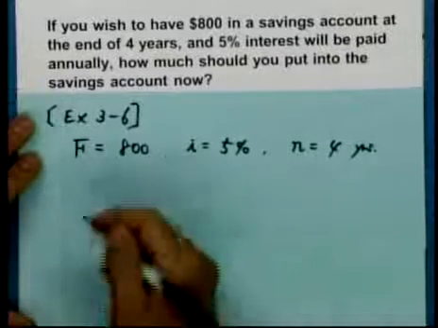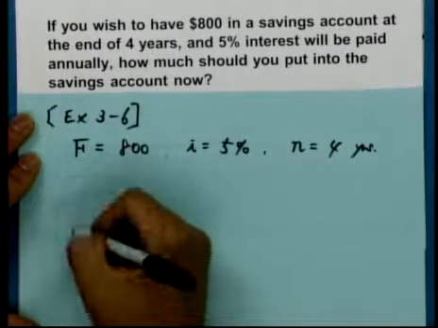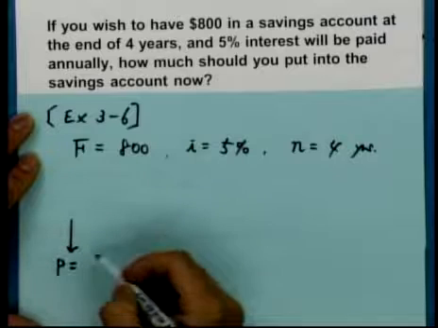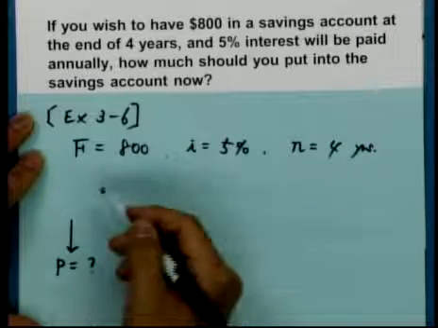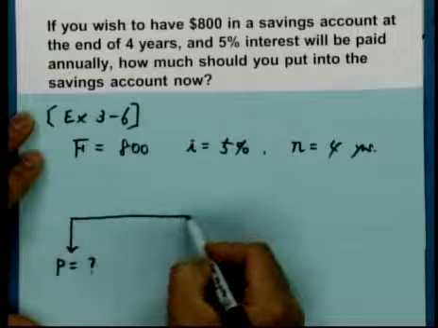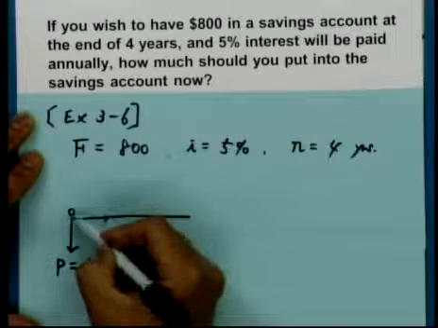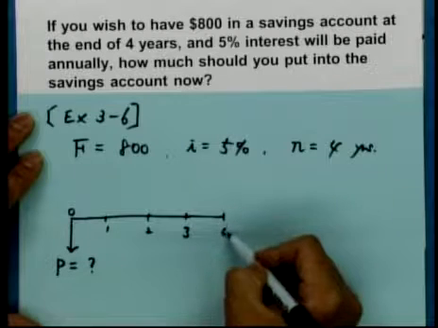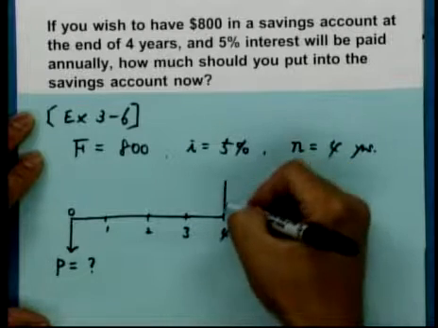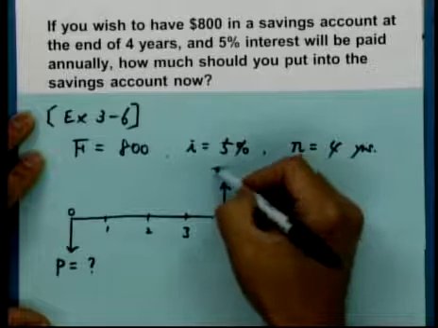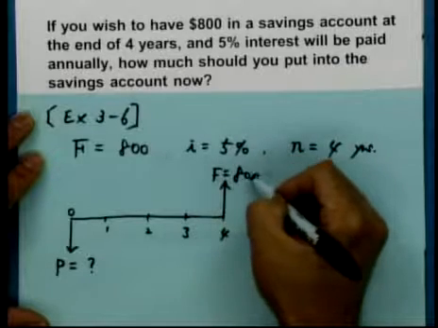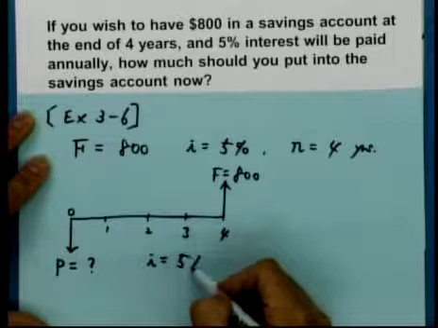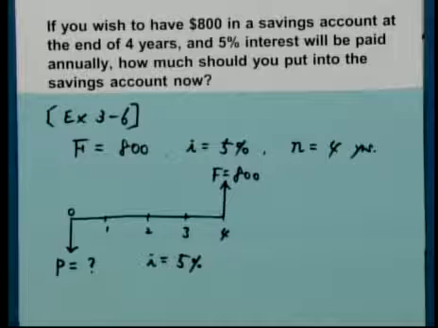But let's draw the cash flow diagram first. So we want to find the present sum, P, right? Zero, 1, 2, 3, given the future sum of $800, and we are going to use interest rate of 5%.